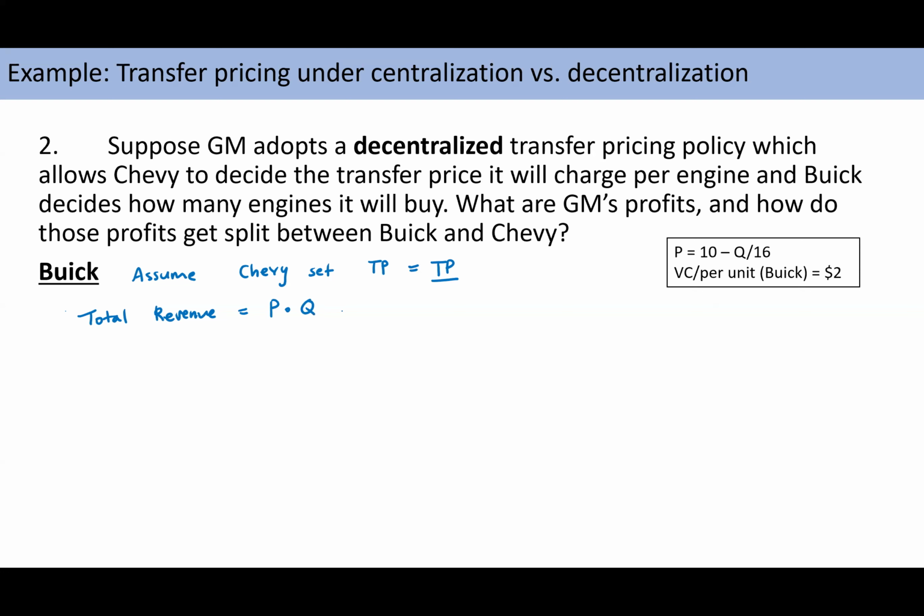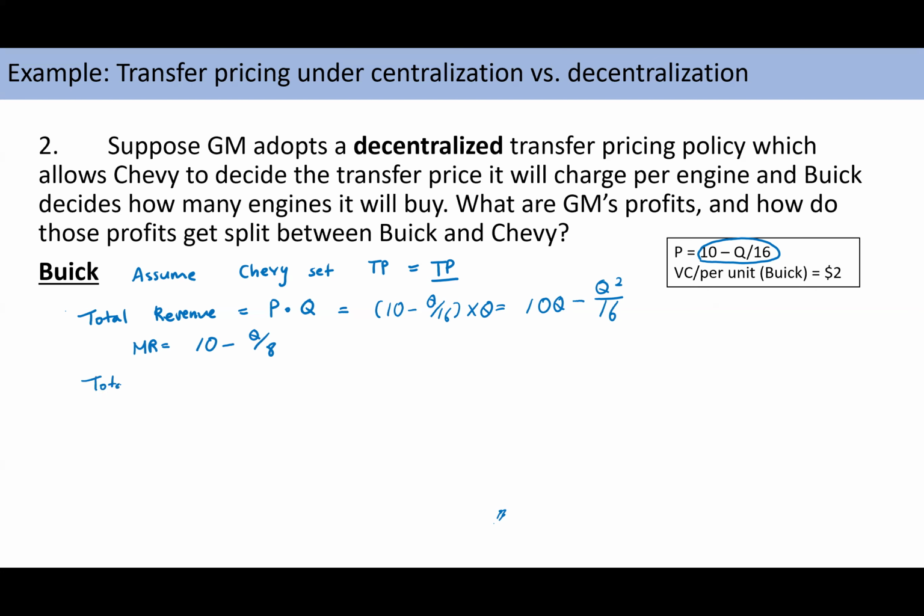Again, we just have to plug in 10 minus Q over 16 in the place of P, times Q. So our total revenue function is still 10Q minus Q squared over 16. Our marginal revenue function will still be the same, because we're still taking the first derivative with respect to Q. It will be 10 minus Q over 8.